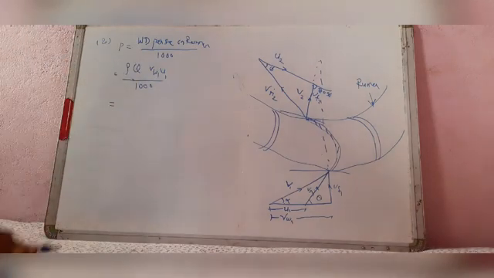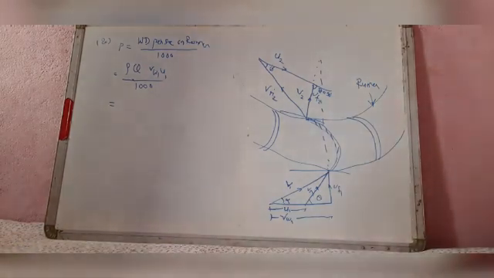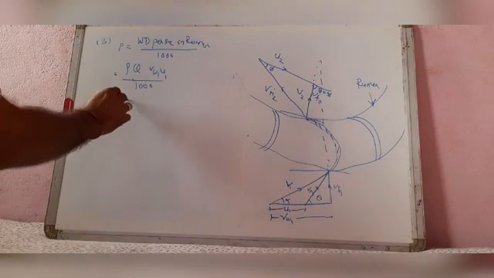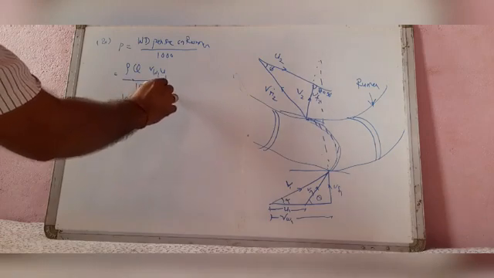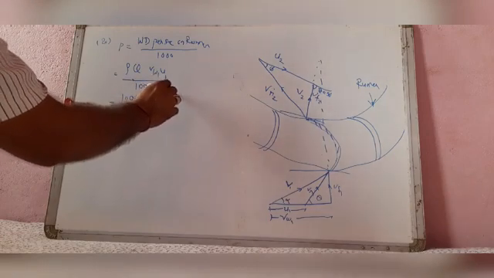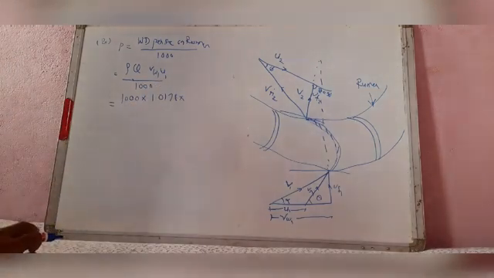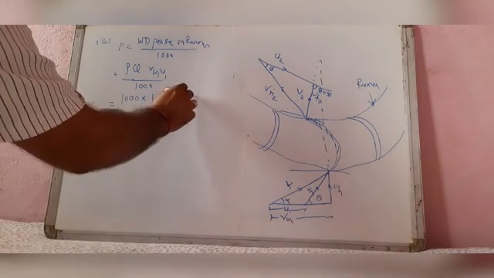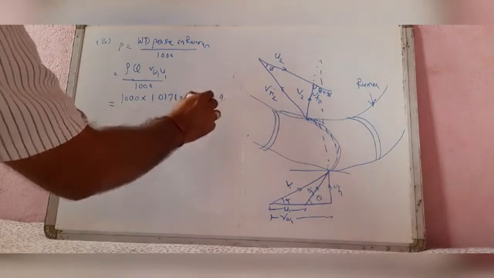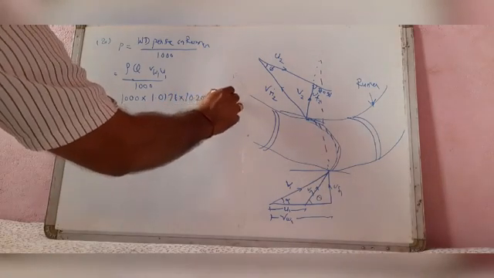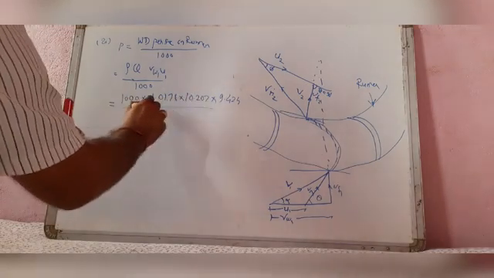Putting the values here, rho equal to 1000 for water, Q we have calculated 1.0178, into VW1 10.207 into U1 9.424 by 1000.